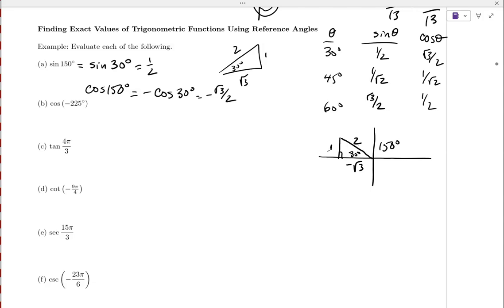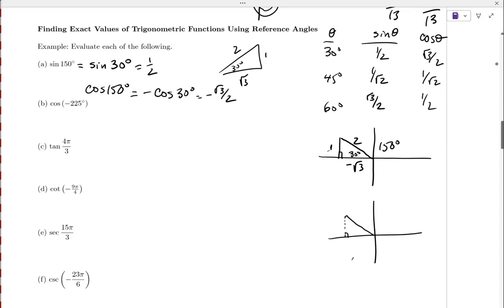Cosine of -225. I'll draw the picture over to the side here. Start rotating up or down. Down. To here is 180, right? So 225 is going to be over here. Let me erase that part. So your 225 went this way. Here's your reference triangle.